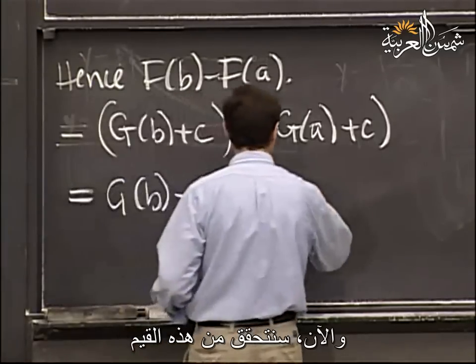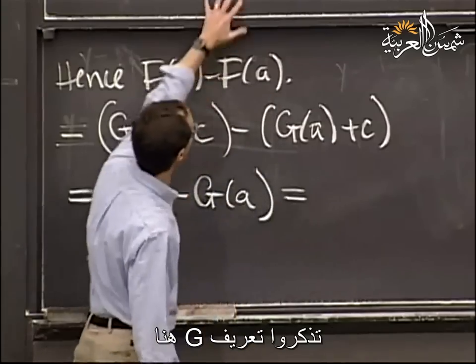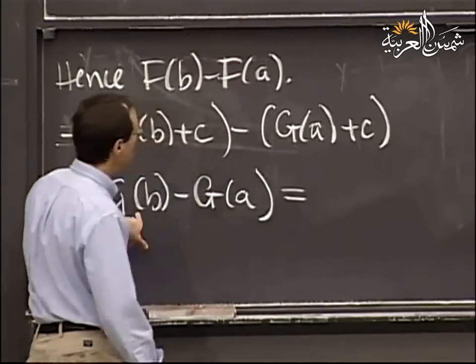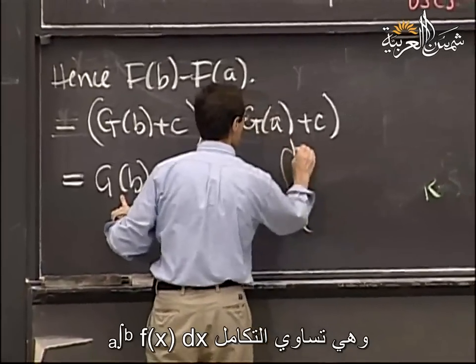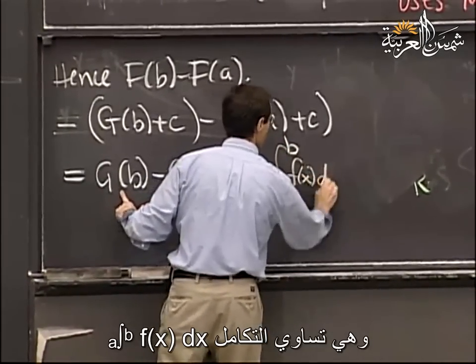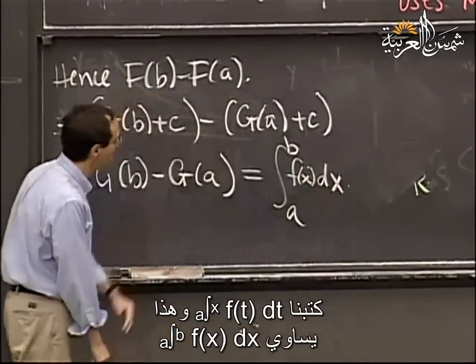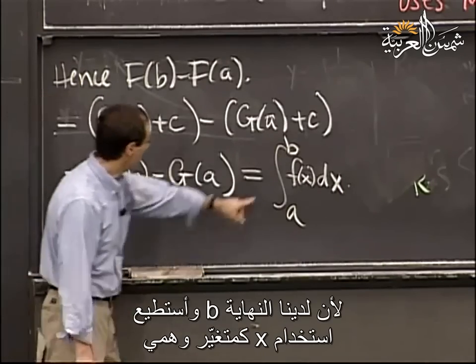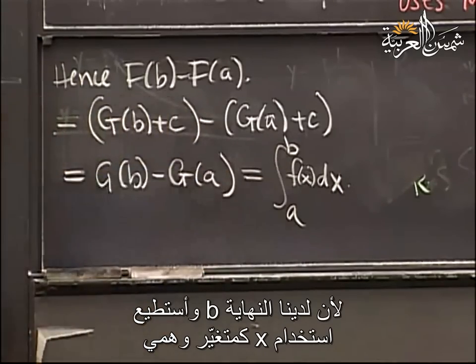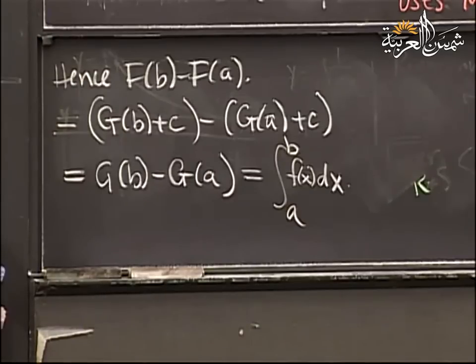And now I just have to check what each of these is. So remember the definition of g here. G of b is just what we want, the integral from a to b of f of x dx. Well, I call it f of t dt. That's the same as f of x dx now, because I have the limit being b, and I'm allowed to use x as the dummy variable. Okay?